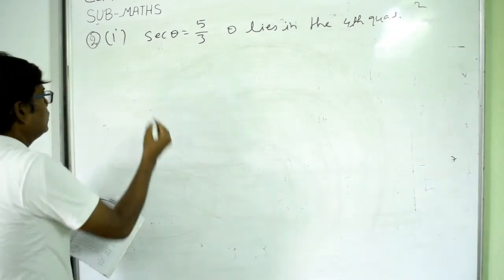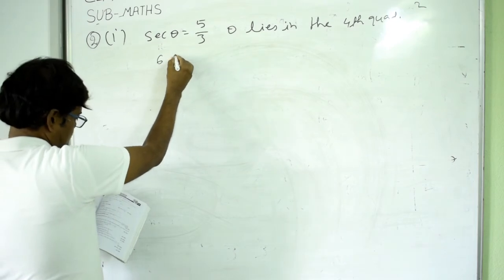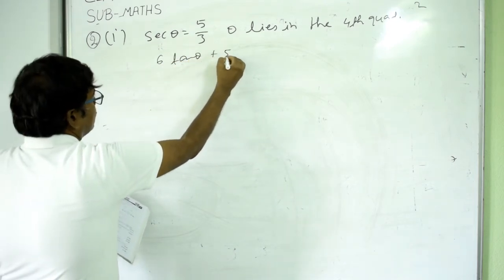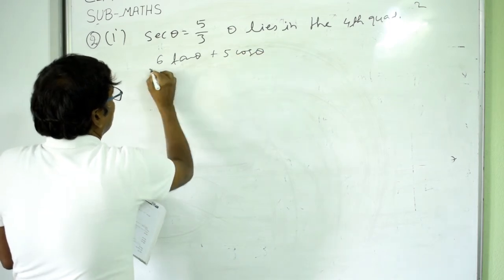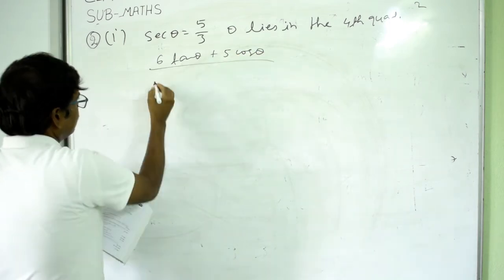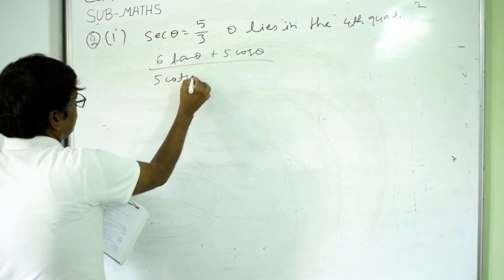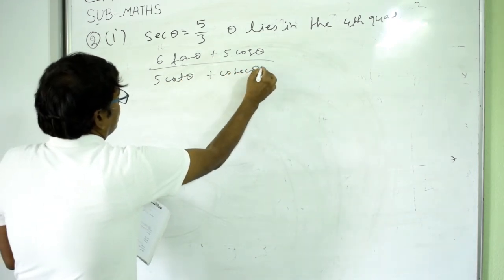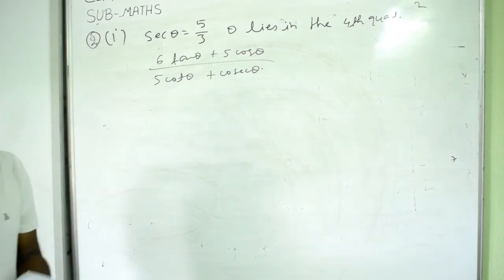Then we have to find the value of 6 tan theta plus 5 cos theta by cosec theta. Okay, we have to find the value of this.